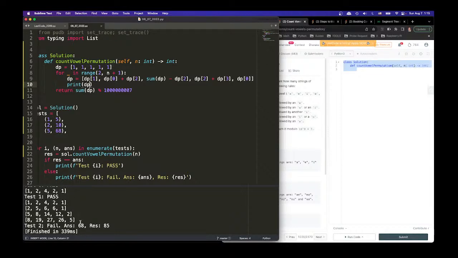Oh, the 5 is different. Oh, this one's different. This is 6. How is it 6? It's supposed to be 4 plus 1, which should be 5. What the hell?